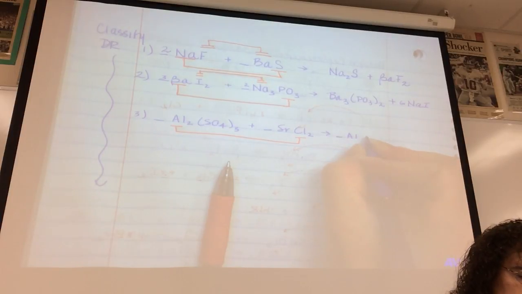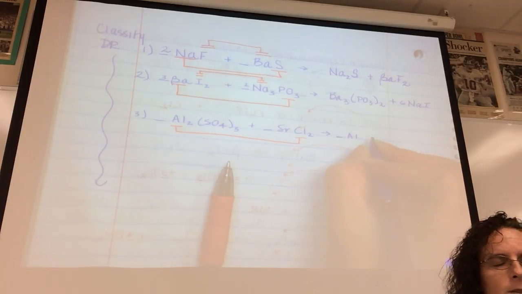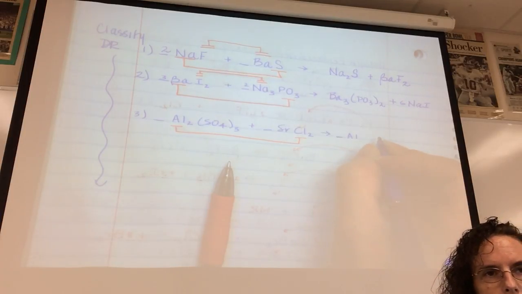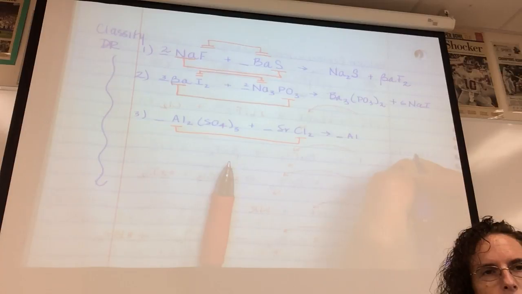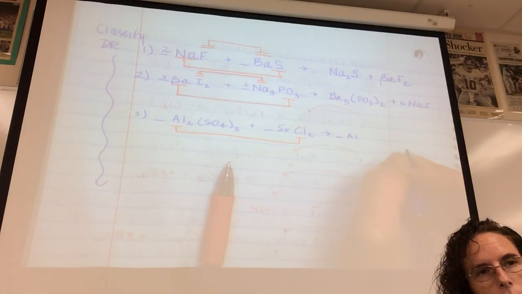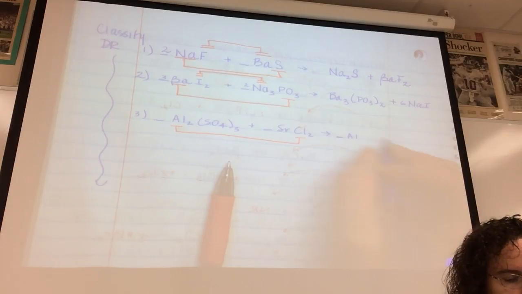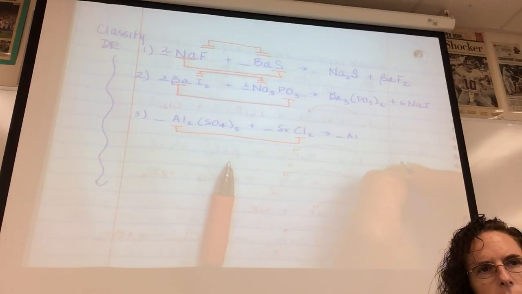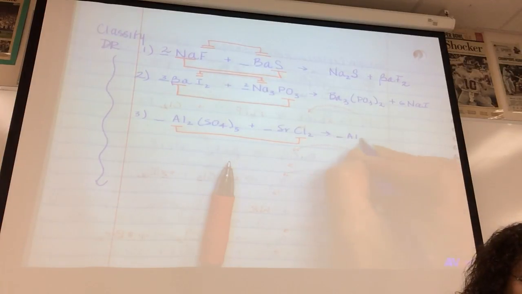Al. I just don't think I heard you properly. Aluminum has what charge? Three plus, and Cl would have what charge? 1 minus. So how do you formula write that? Exactly.